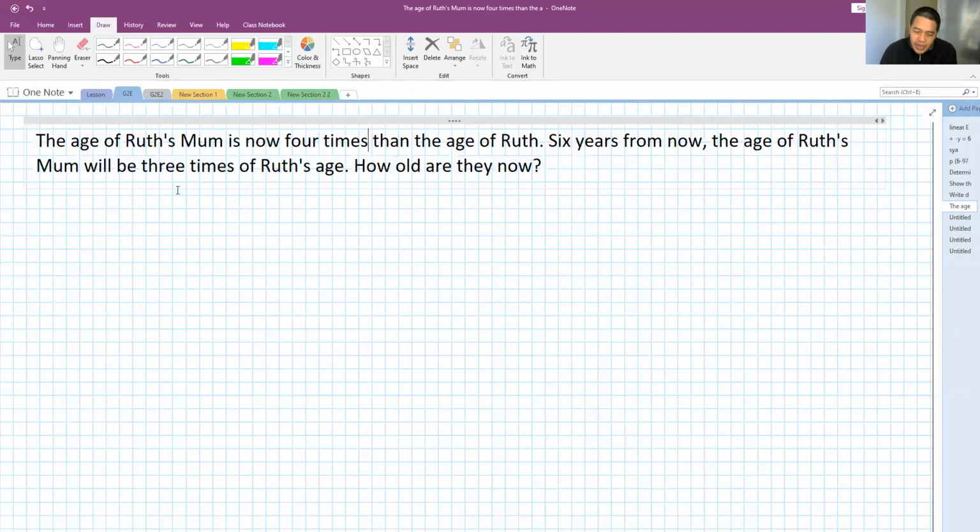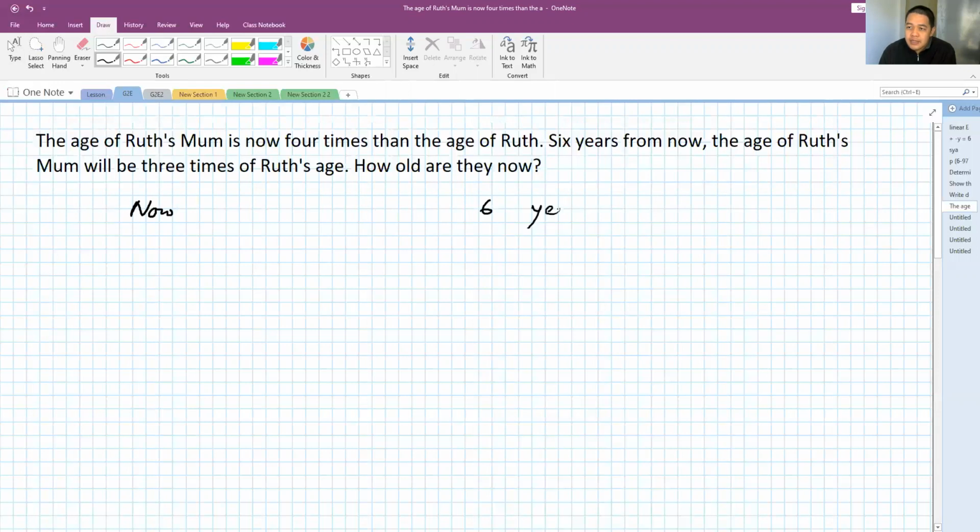So the way I explain and discuss it with him is I try to make tables. This is their age now, and this is 6 years later.